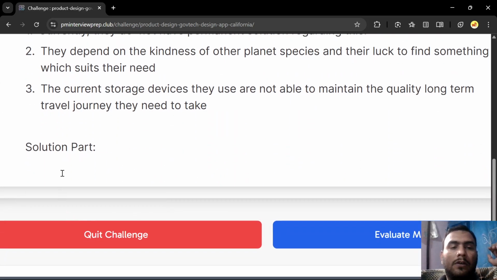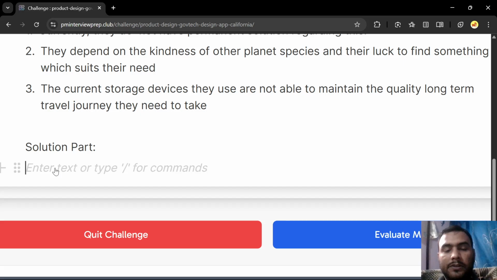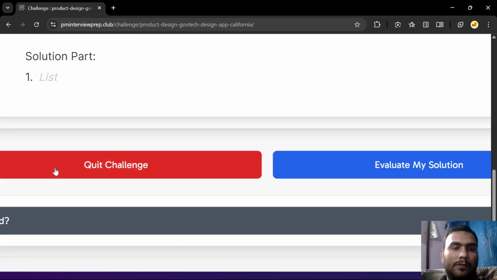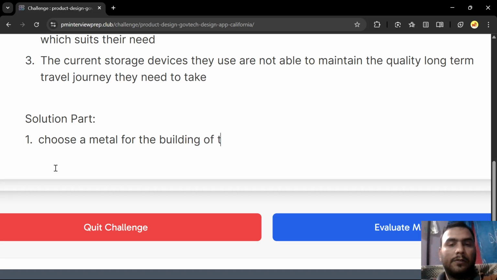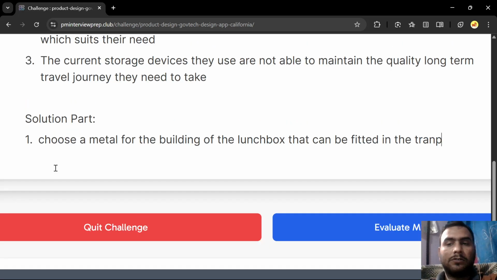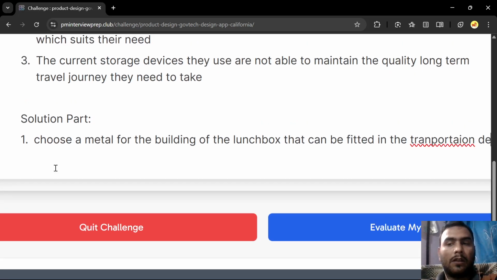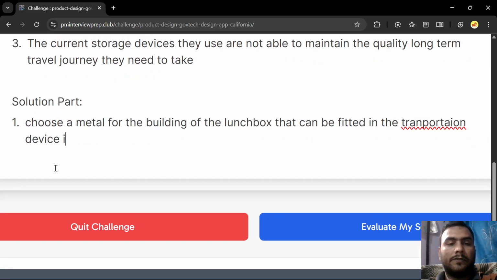So in the solution aspect, we can build a device, or choose a metal for the building of the lunch box that can be fitted in the transportation device itself.